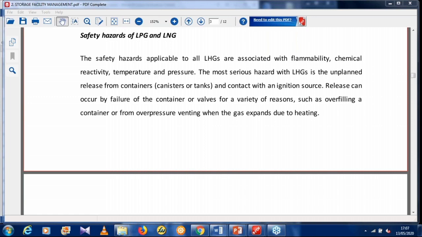And if there's now an ignition source in the process, you have an outbreak of fire. All right. Release can occur by failure of the container or valves for a variety of reasons. Now, the containing vessel, if not properly maintained, can cause release for a variety of reasons.